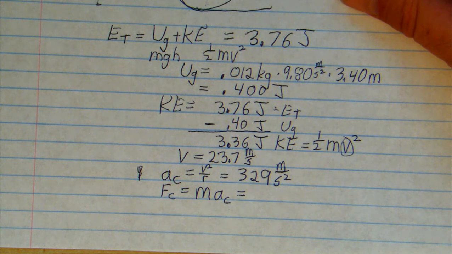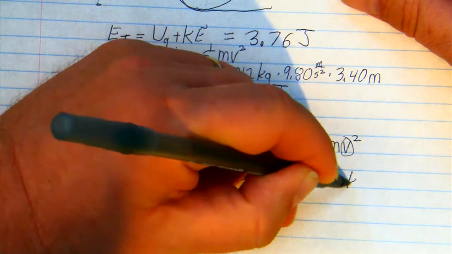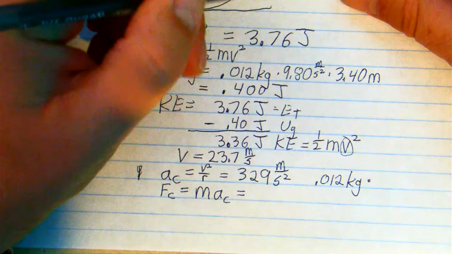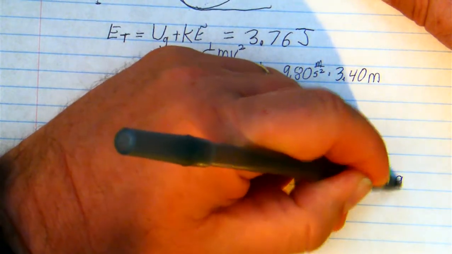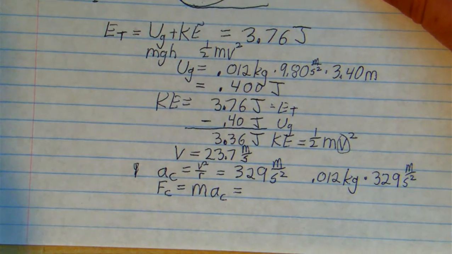Somehow, I'm not getting anything close to that. I have a mass of 0.012 kilograms, and I multiply that by 329 meters per second squared. So what do you get, Dylan?